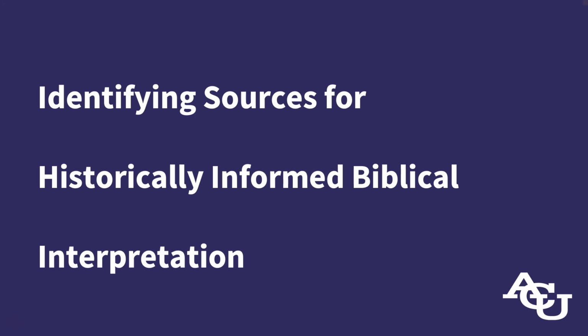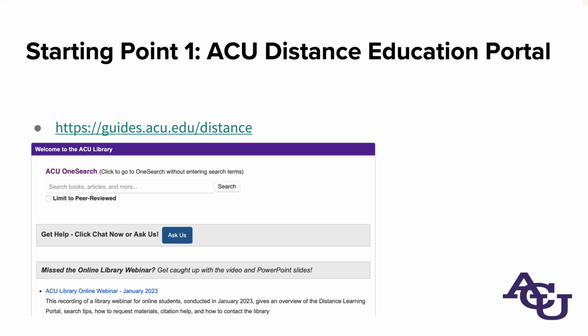Okay, so where might we go to start? And bear with me, you may have read ahead in the instructions and seen a suggestion for where to start. We're going to start from the beginning. So your first place for most students is going to be the ACU Distance Education portal, where you can do a search through our One Search catalog, where you look at basically everything we have at ACU that's integrated into one catalog.